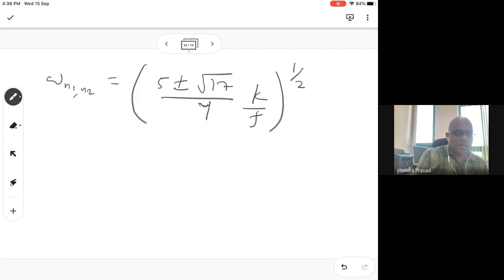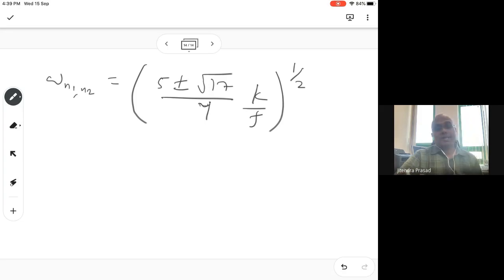Now when you say the mode shapes, or normal modes, what are the normal modes? Normal modes means how it will vibrate, basically.